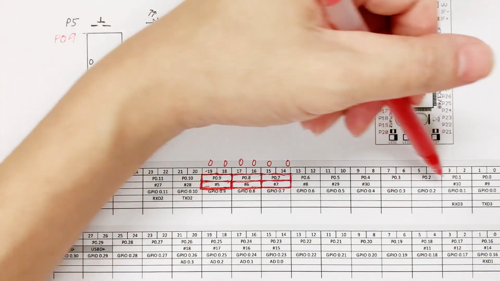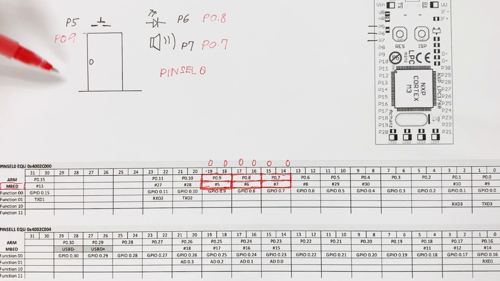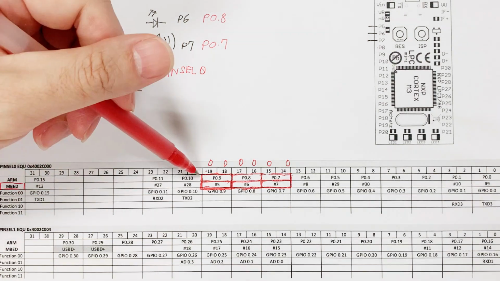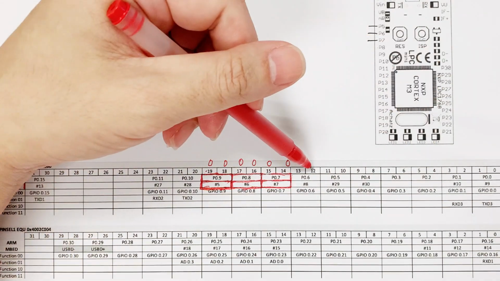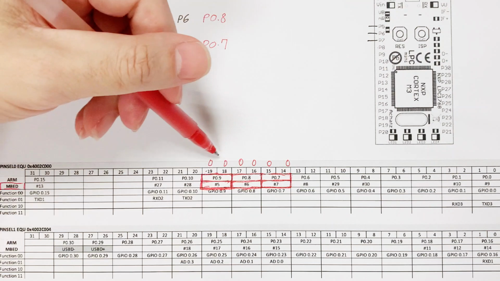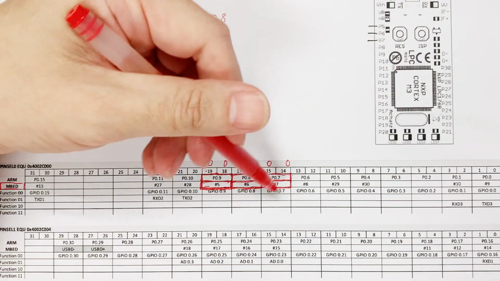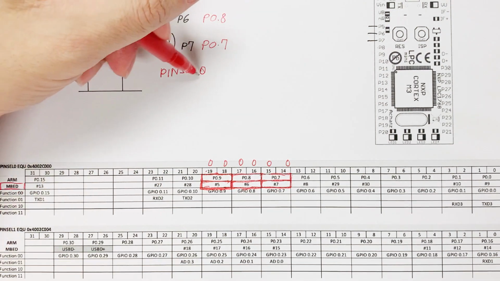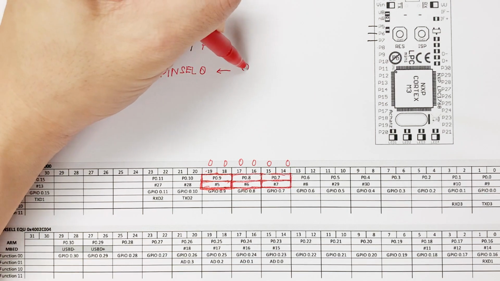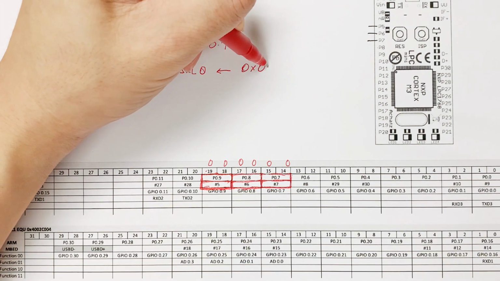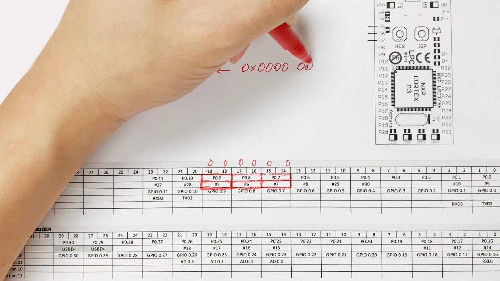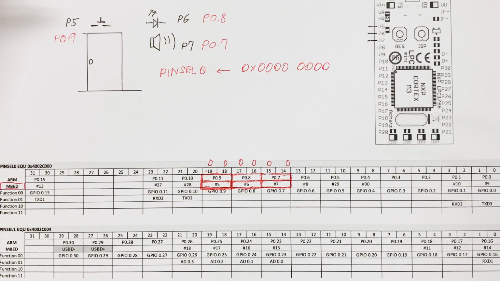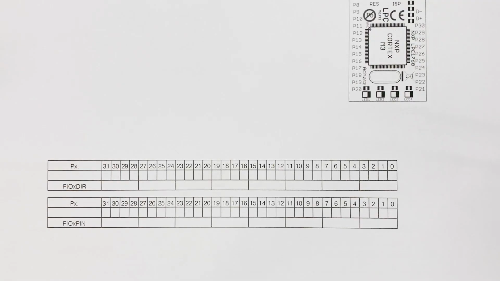And of course, the rest of the I/O we are not using in this project, so we can just fill in 0 for the rest of the bits. After we have figured out the value for the pins we are using, we can determine that the value for pin select 0 has to be 0x00000000.